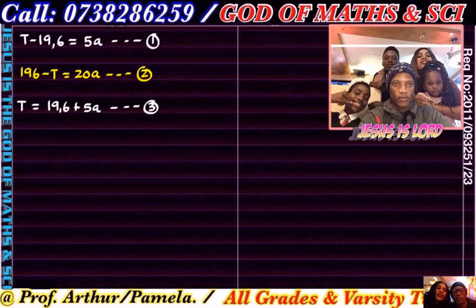So it's 196 minus 19.6 minus 5a, and the rest of the story will be equal to 20a. So I'm going to bring the 5 there. It's going to be 25. You work out these numbers.